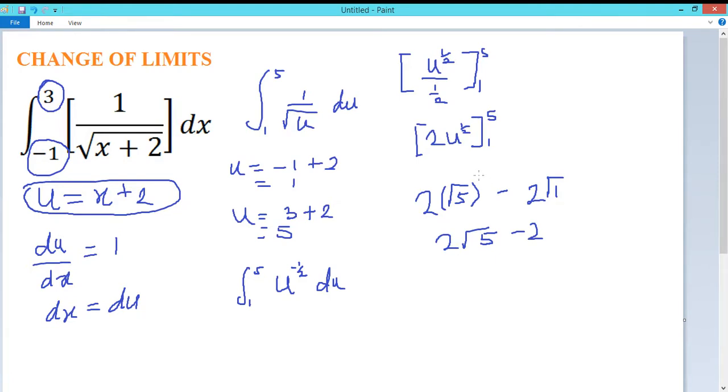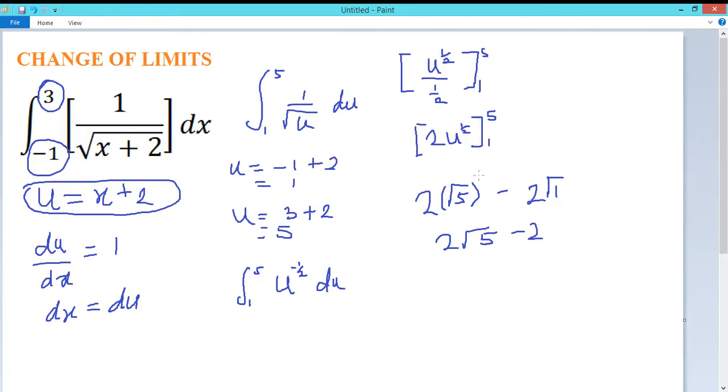So in effect, change of limit is not something so weird. When we were doing limits on a scholar's campus, the limits were the values of x.